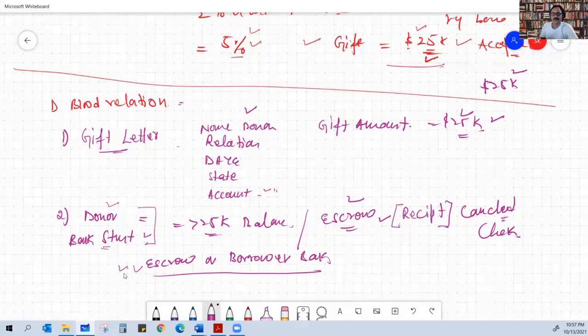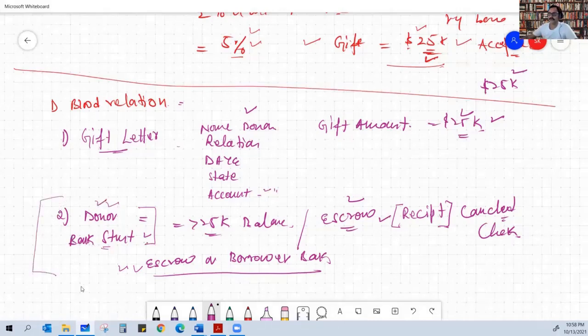So the donor is going to give us the bank statement, the proof where the transferred amount to the other account needs to be shown. And on the same date, it needs to be verified that yes, the borrower's account has received the similar amount, the gift funds from the donor's bank statement. That always needs to be checked.